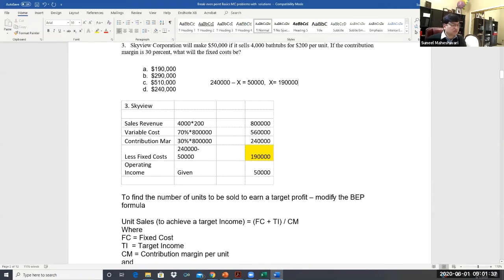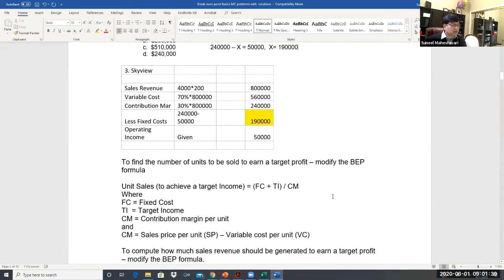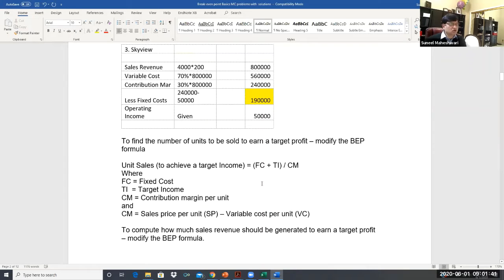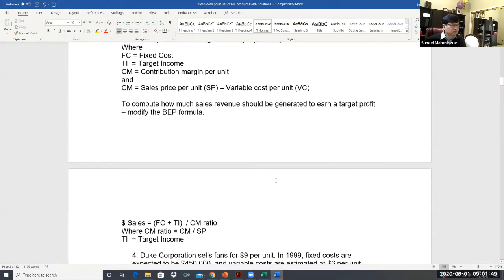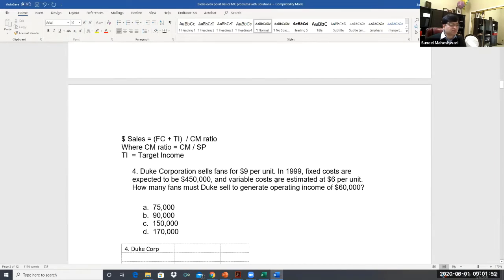Okay, I'll move forward. So now this was the second part, which I told you to achieve a certain targeted income. Instead of profit of 0, you got the targeted profit. So please do number 4 now.